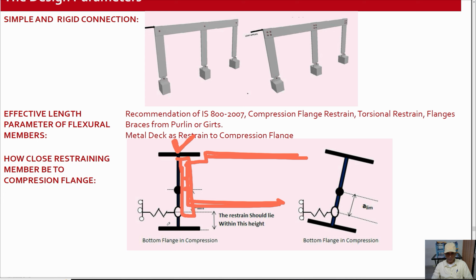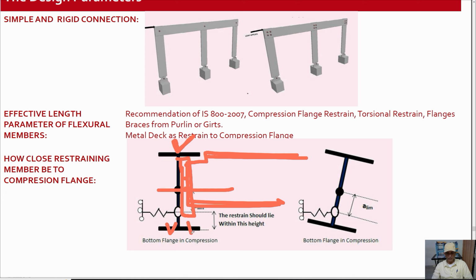So now this bottom flange is in compression. See, this connection plate is not very near to the bottom flange. Now if the bottom flange is in compression, the depth of this connection plate from the secondary member must be more than half of the depth of this member.